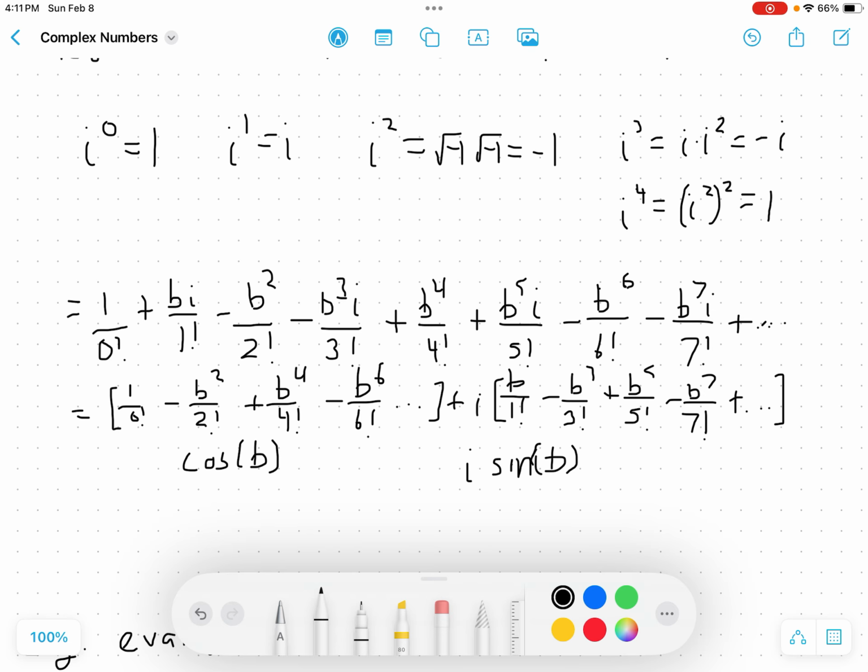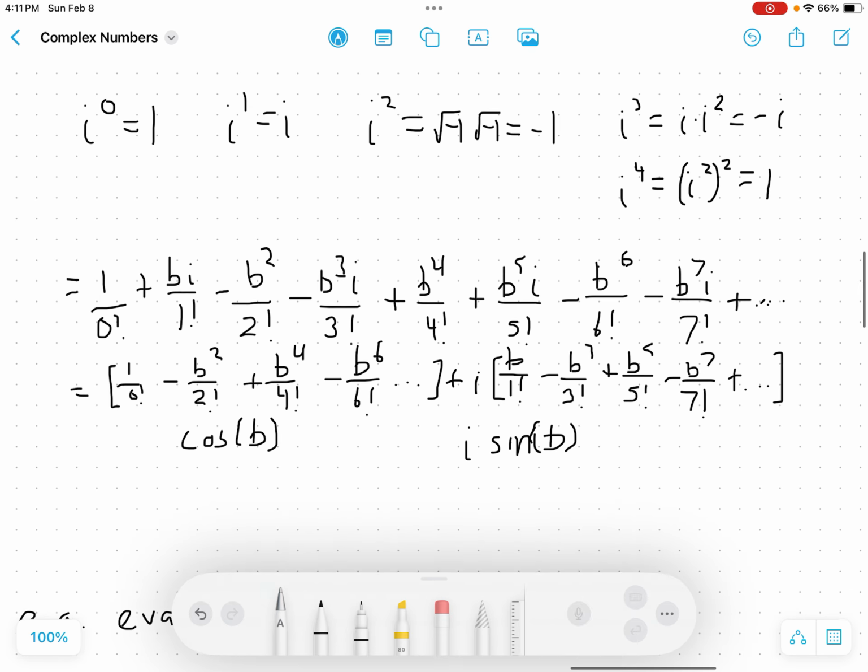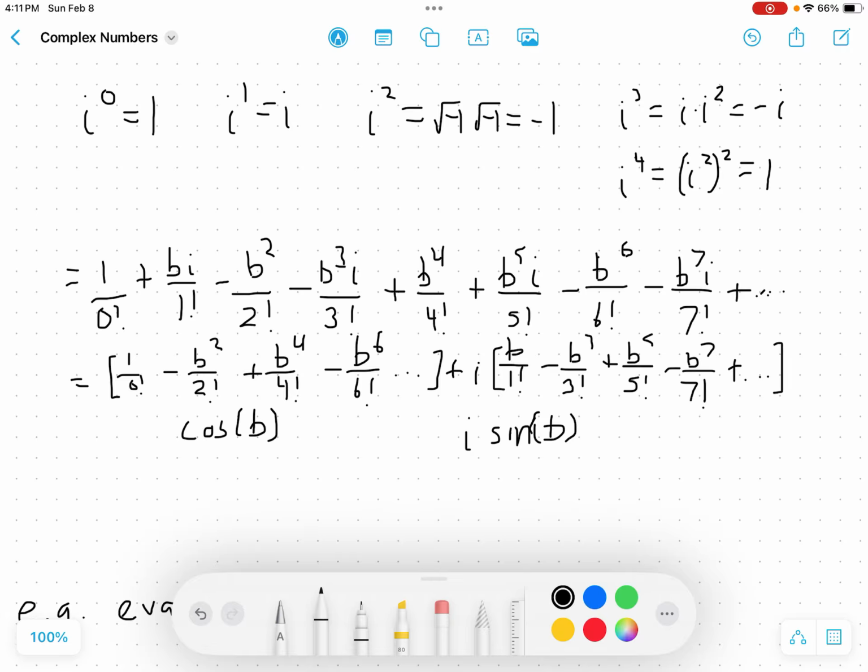So even though we hadn't originally known how to exponentiate something that looks like e to the I times b, we're forging new grounds, we're making new rules.